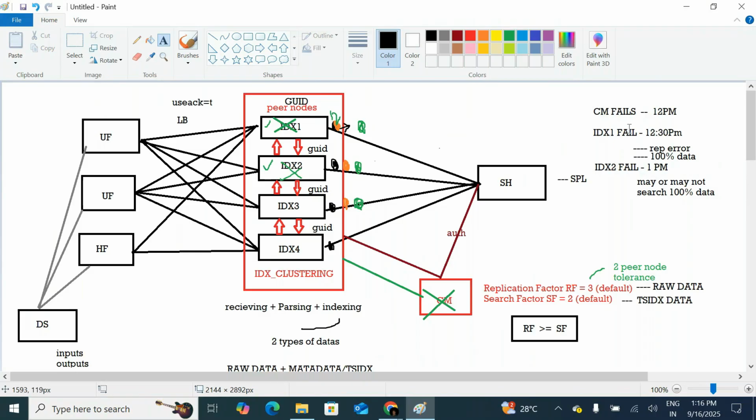But in the first case, will it give an error? Replication error, where? It won't throw any error. It will just show that the replication factor is not met. I thought it would throw an error. No. It will not stop you from searching. How much time will it take for indexer 1?